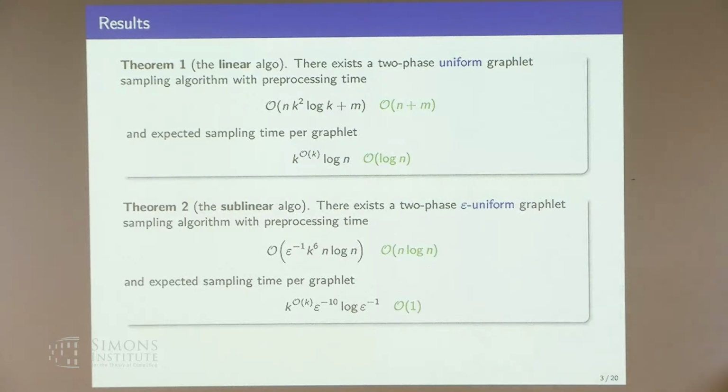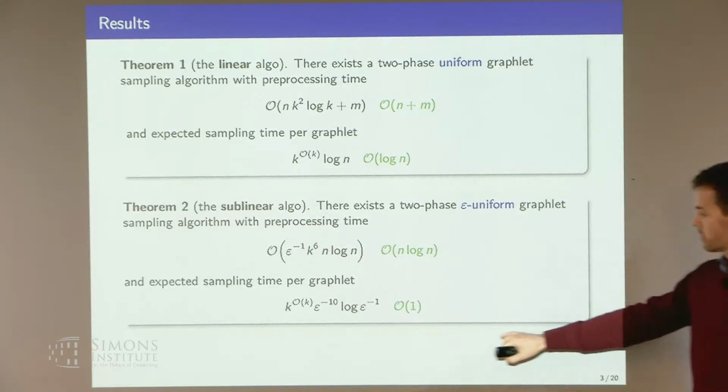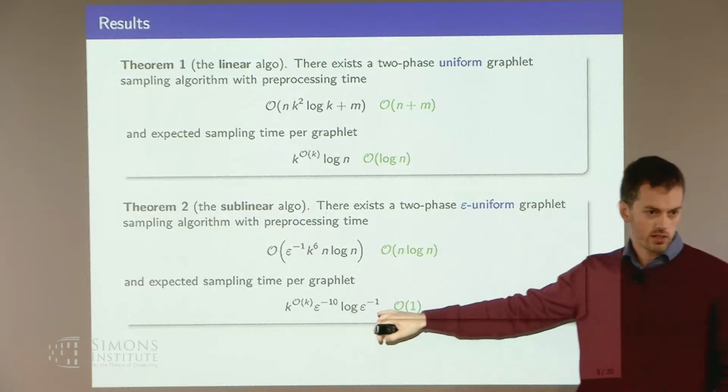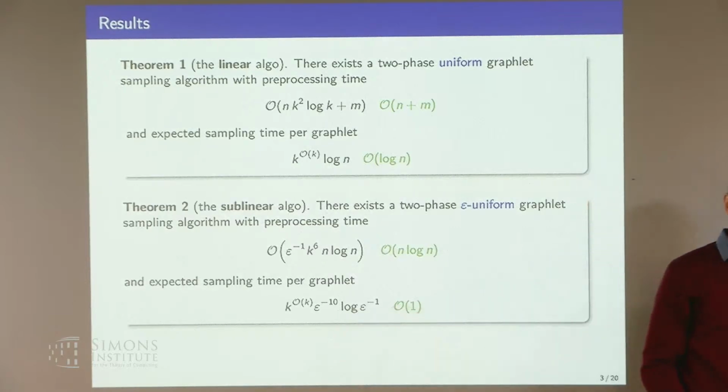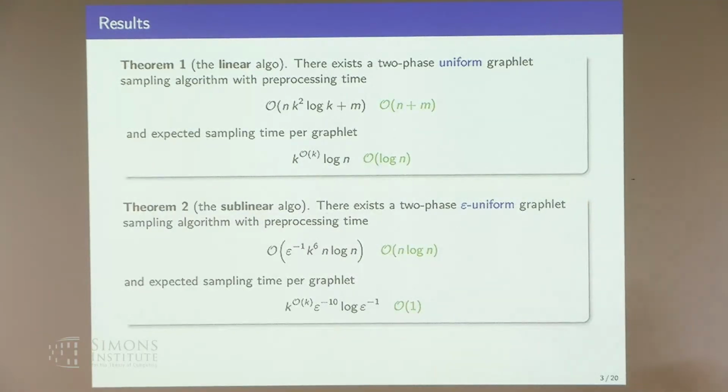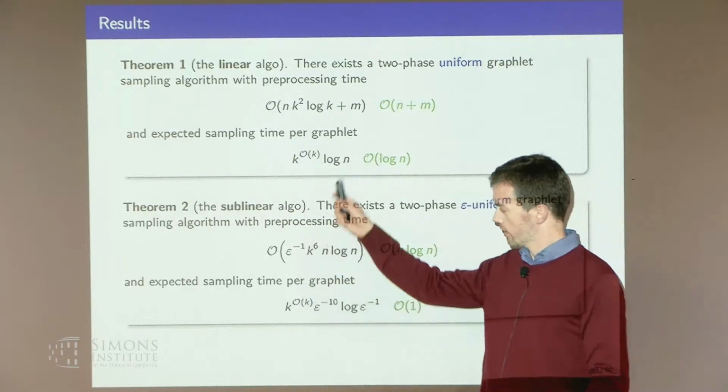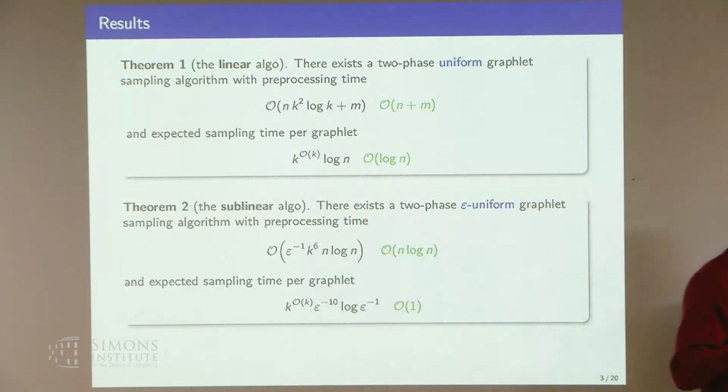So for mildly dense graphs, that means you are not even looking at all the edges of the graph. And then you get a constant sampling time. By constant, I mean it's independent of n. It depends only on epsilon and on k. The dependence on k is bad in both cases, but there are good reasons to believe that you cannot avoid that. You probably know this.